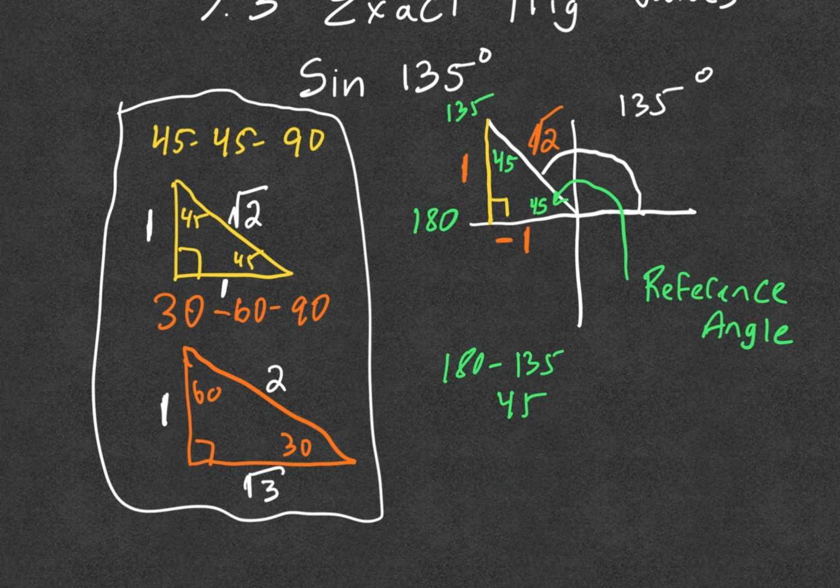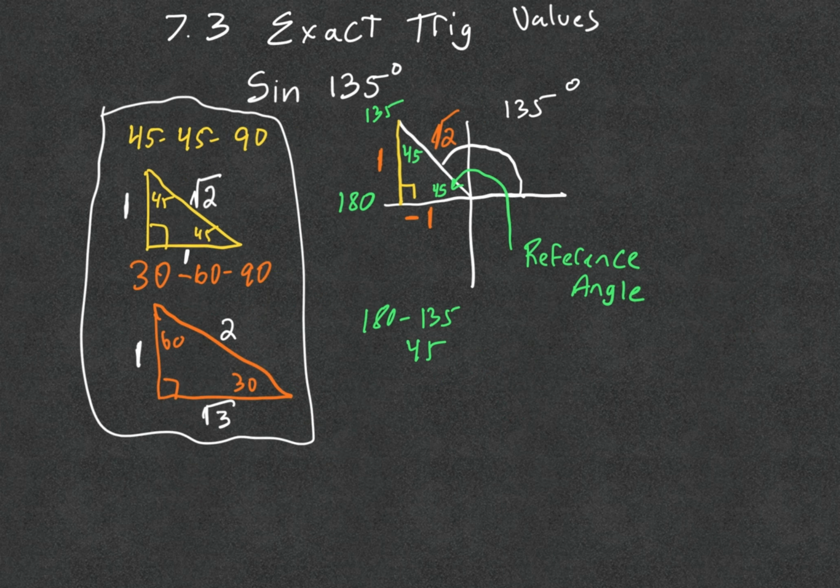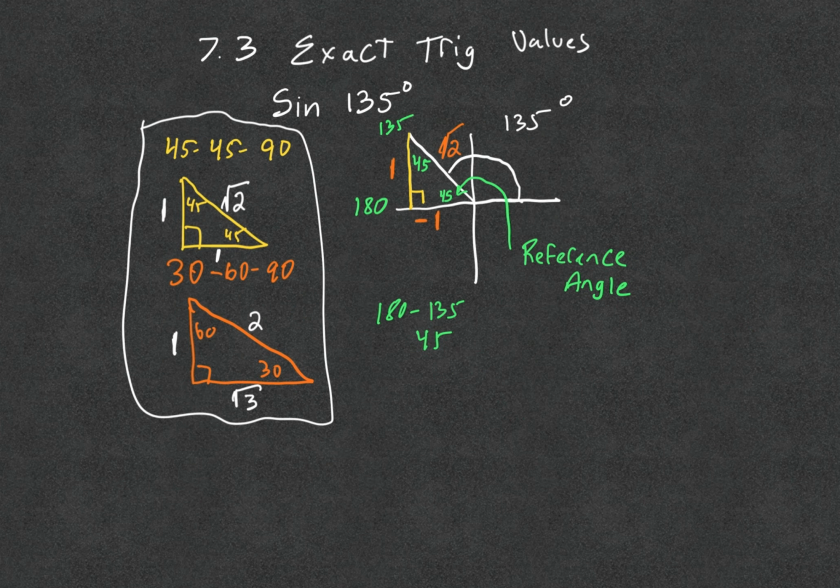It's going to be positive because I'm going up, so my y value is positive. The hypotenuse is always positive. So when we write the ratio now, because our original question was to find the sine ratio of 135 degrees, sine is opposite over hypotenuse.